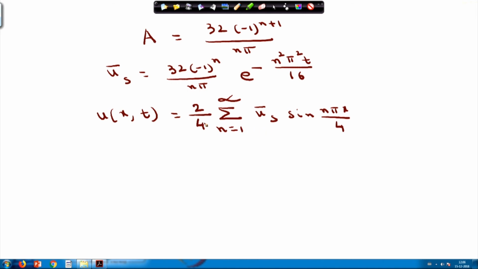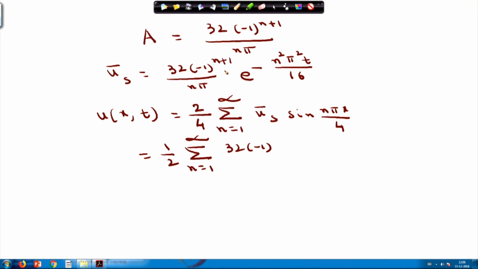So, by the formula, 2/L summation n equals 1 to infinity u bar s into sin(n pi x/4), this is equal to, you can write, half will come in summation n equals 1 to infinity 32 into (-1) to the power n plus 1.